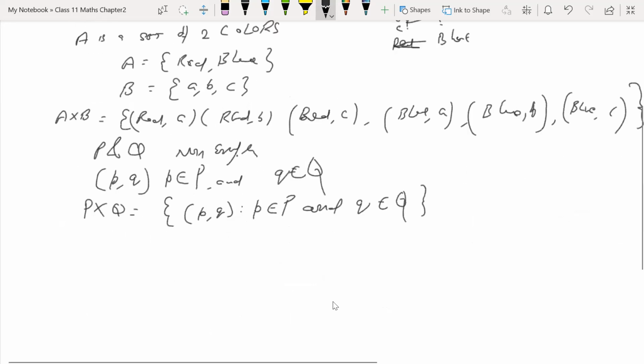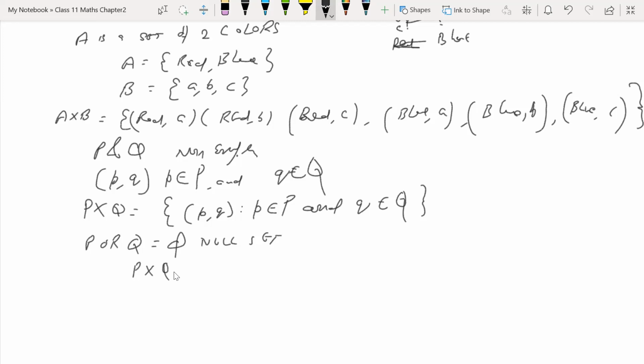But this condition is for non-empty sets. If your sets are empty, that is, either P or Q is the null set, then the Cartesian product of P and Q will also be empty.